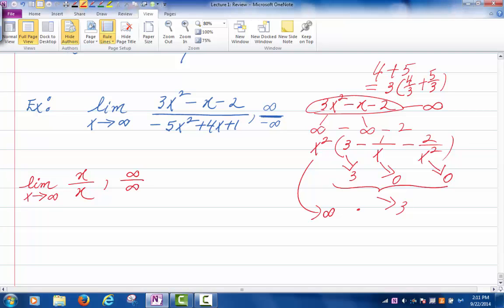So I get infinity over infinity. However, what's the limit? x over x is actually 1, right? So the limit is 1. Every freshman's dream came true, right? You see infinity over infinity, you divide, and you get 1. Works in this example. However, let's change a little bit.